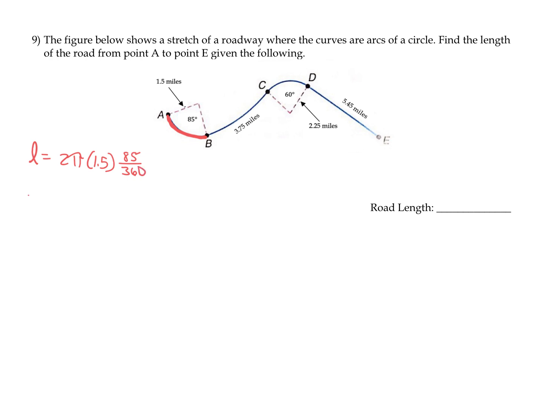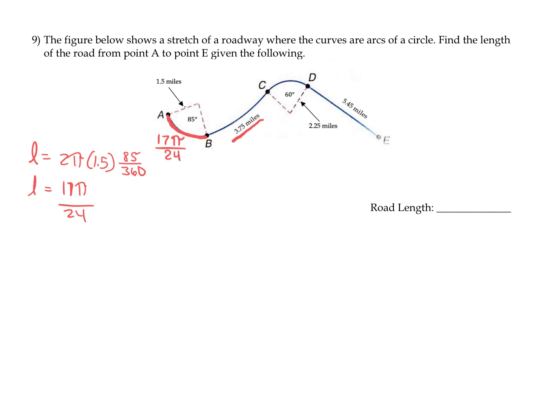I'm going to put this in my calculator, and this gives me 17 pi over 24. This is 3.75 miles.